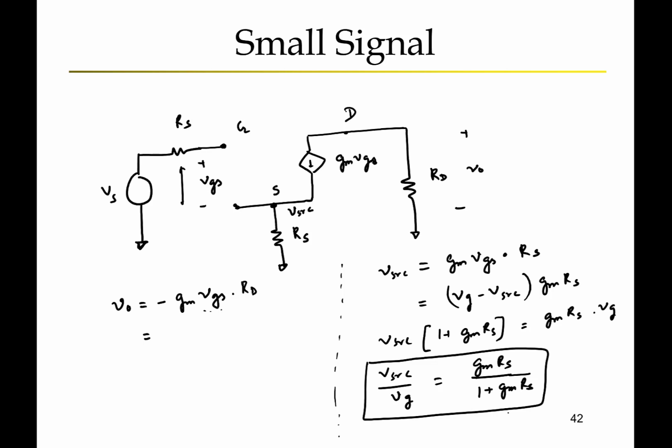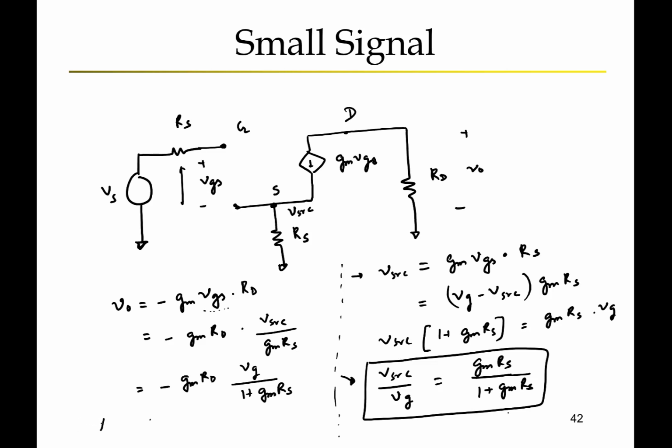So the term we want to know is VGS, and from this equation we can write this is equal to minus gm RD multiplied by V source by gm RS, and from this equation we can then substitute, that is equal to minus gm RD times VG by 1 plus gm RS.